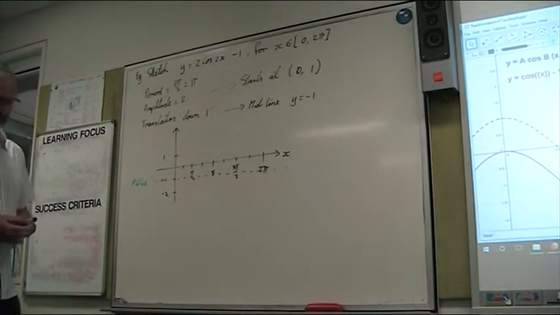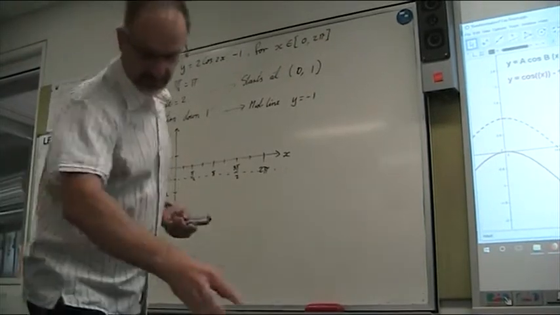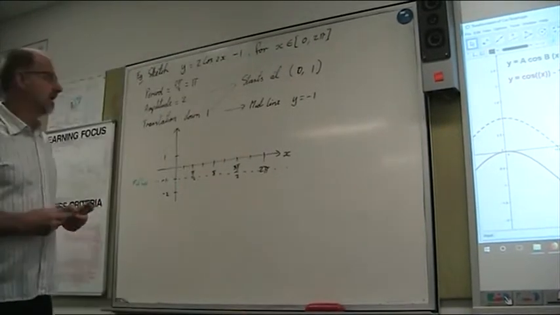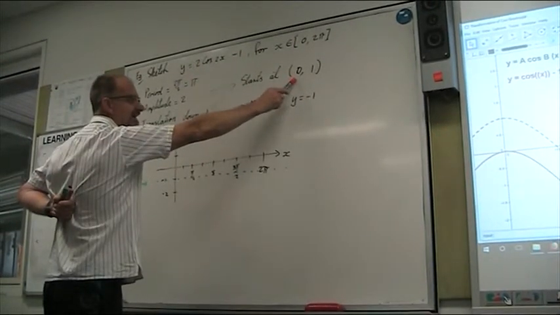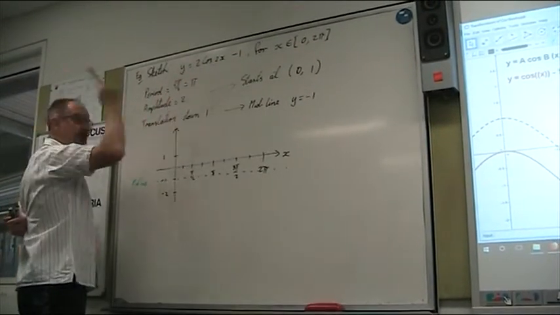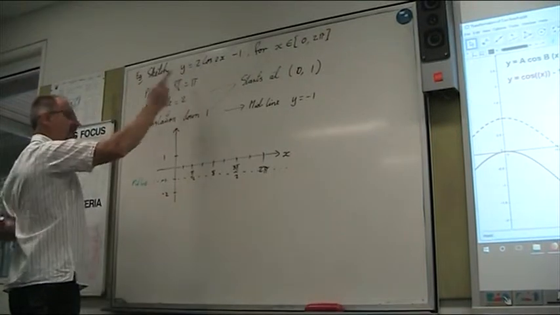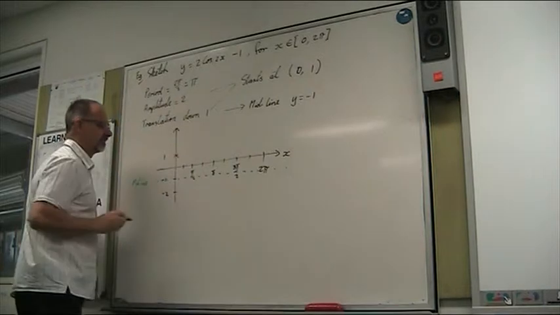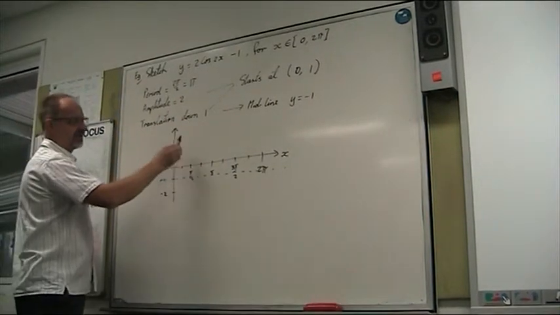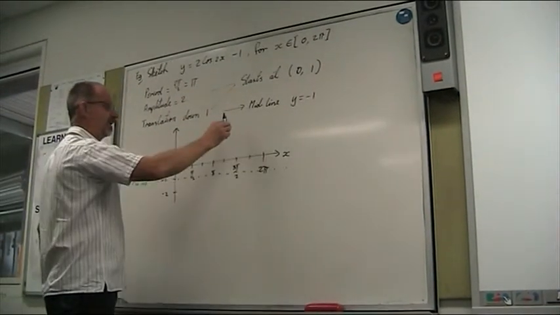So let's go. We've got a starting point, we know where we're starting, and we know what our period is. So we're starting up here. With cos, it then goes down, comes back up.